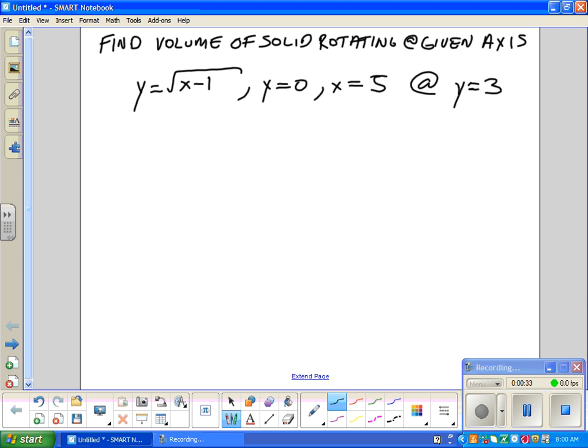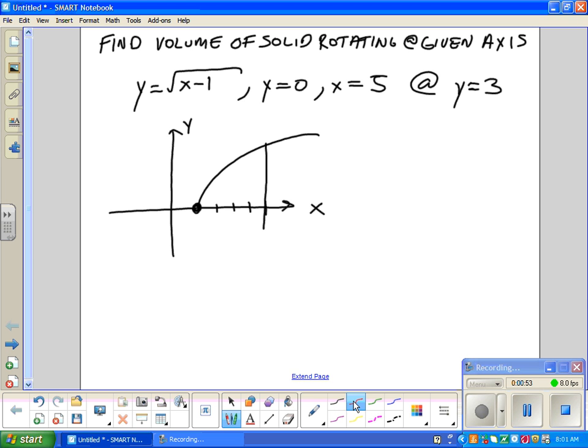I'll start by drawing the curve. So it's y equals the square root of x minus 1, so it's shifted 1 to the right. So the curve itself looks like this, 2, 3, 4, 5. There's this curve, so it's this area right here, trapped between x equals 5, y equals 0, and this curve.